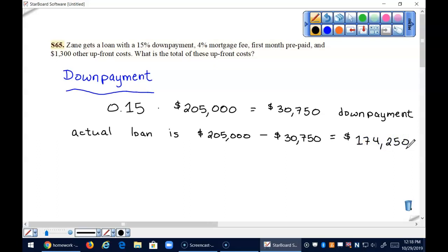Okay, so now we know what his actual loan is, and we need that before going on, so it was okay that we sort of stopped where we were.